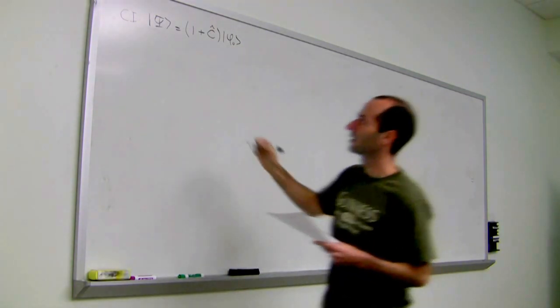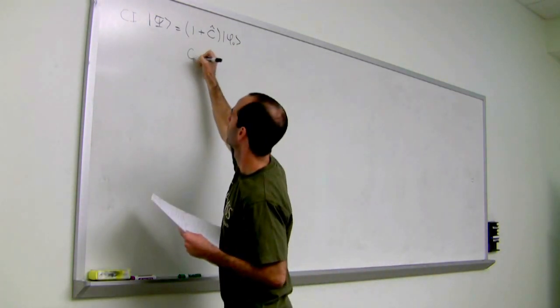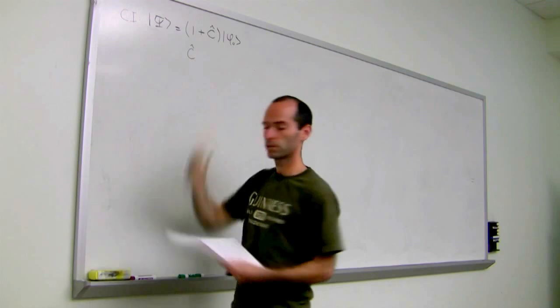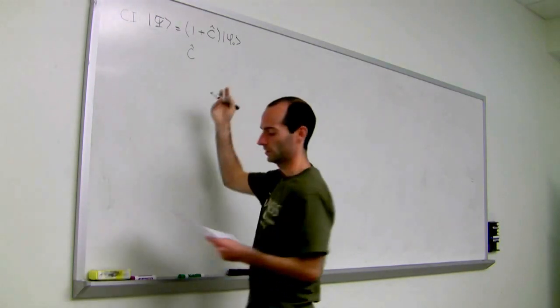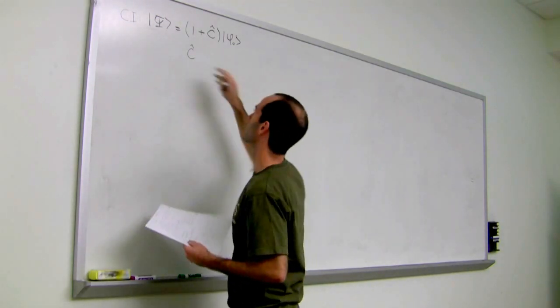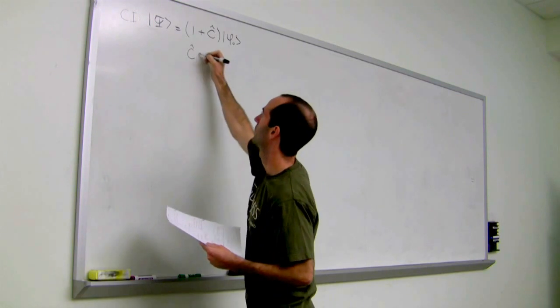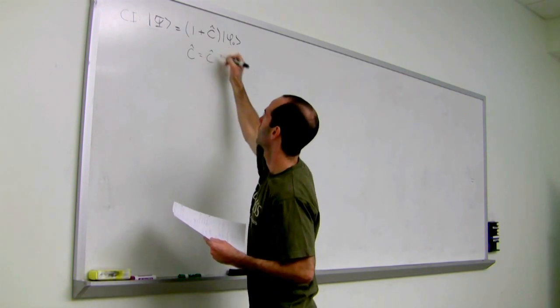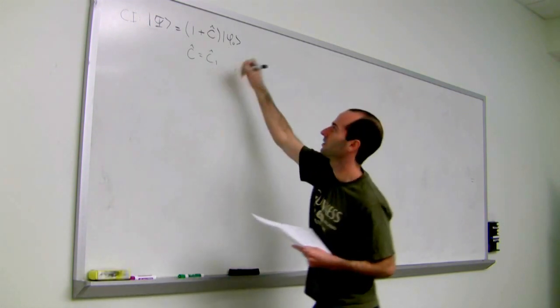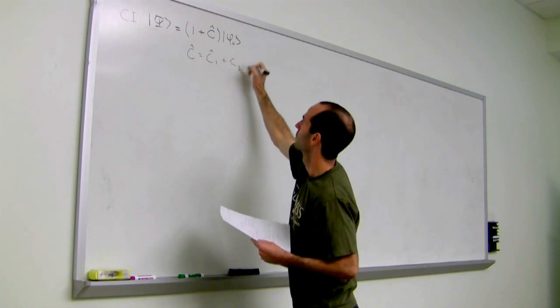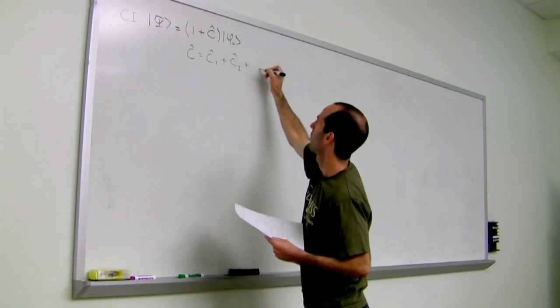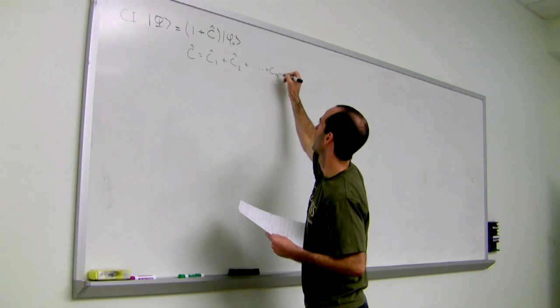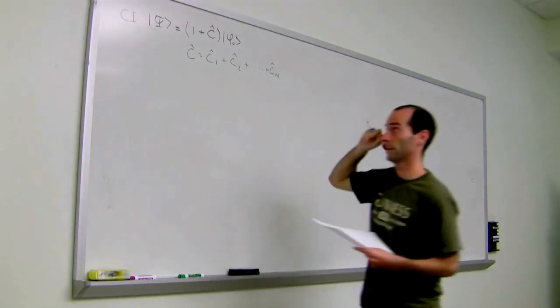This C operator is an excitation operator. It's going to move electrons from occupied orbitals into unoccupied orbitals, and it's going to generate all possible configurations. So we can say that C is composed of a 1-electron excitation operator, a 2-electron excitation operator, all the way up to the n-electron excitation operator.